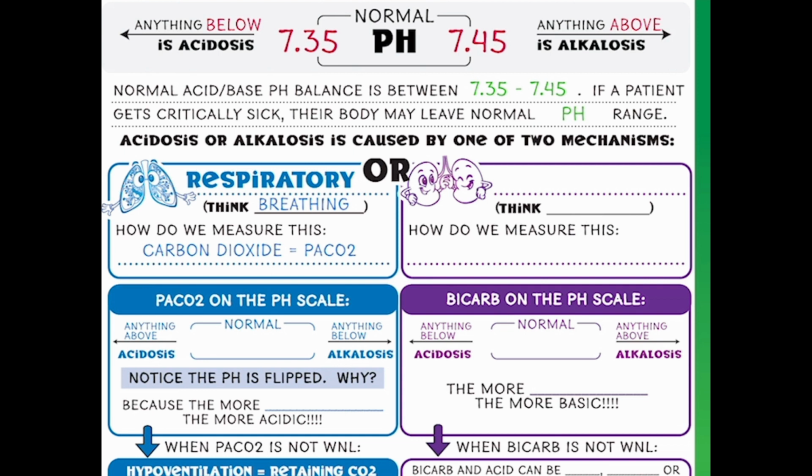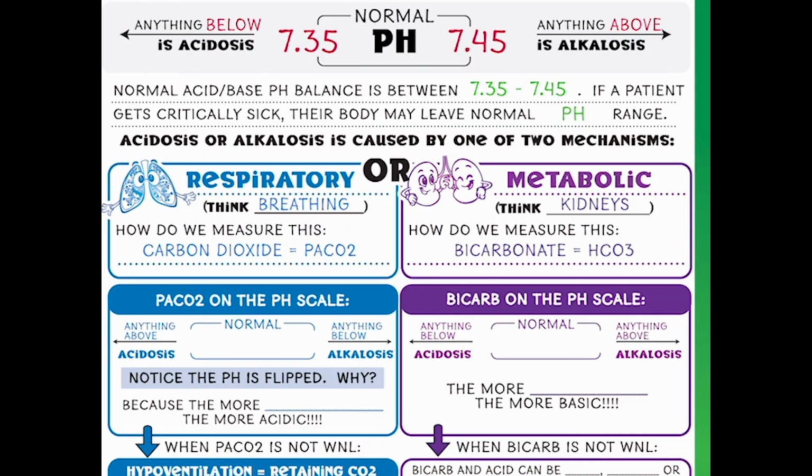Or the other mechanism can be metabolic, and this we want to think kidneys. And how do we measure this? This is through our bicarbonate, that HCO3. So we're going to jump back to this respiratory section and really focus on how the lungs are regulating this acidosis or alkalosis through this PaCO2, or carbon dioxide.